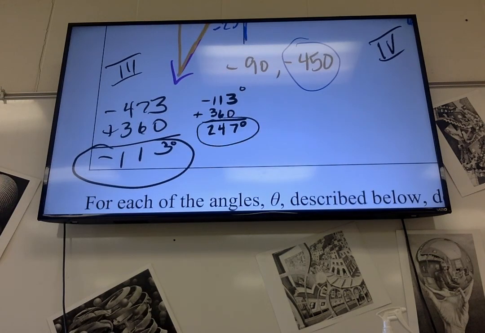So there's a positive coterminal angle. If it would have given me another negative, I would have added 360 again. So I add or subtract 360 until I get a positive or a negative, whatever it is I'm looking for. And 360 because that just completes the circle. It's going to obviously land in the same spot. All right, cool.